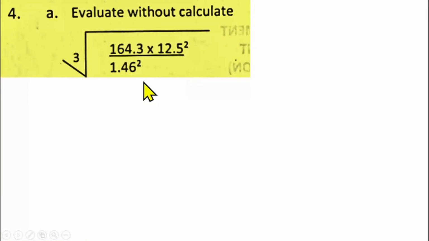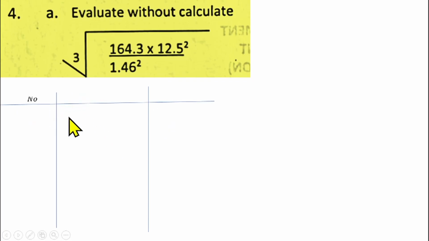Then question number 4 is on logarithm. You have to evaluate without using a table the cube root of 164.3 times 12.5 squared over 1.46 squared. Then draw your table, with a straight line here, another straight line, then another straight line at the top, a horizontal line.